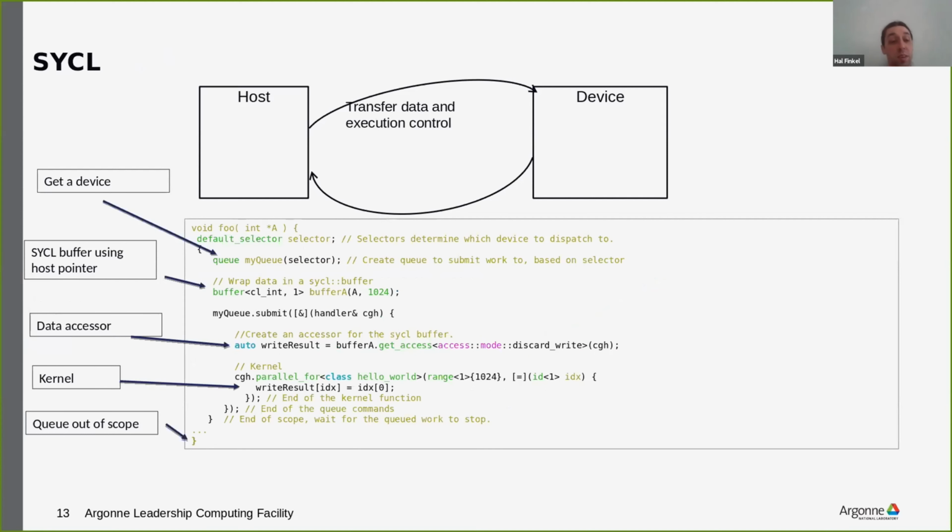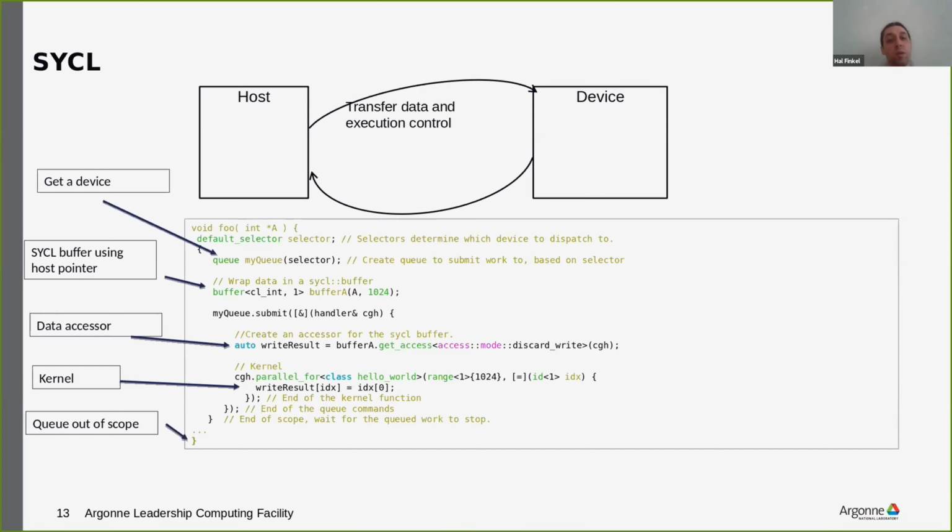Another programming model, which is quite important for us, is SYCL. And we have been doing a lot of work at Argonne with SYCL and with Intel's current extensions to SYCL called Data Parallel C++. This is an important programming model. It's designed to be a modern C++ programming model, and it's a standard from the Khronos group, which makes it very attractive from a cross-vendor support standpoint.